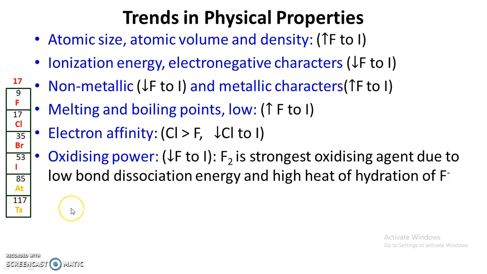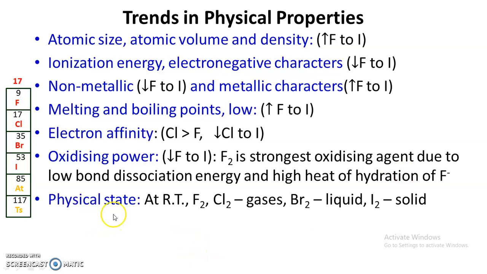This is due to the fact that it has a low bond dissociation energy, and so when the bond is dissociated and fluoride ion is formed, the resulting fluoride ion has a high heat of hydration. Because of the high heat of hydration of fluoride and the low bond dissociation energy of the fluorine molecule, fluorine is the strongest oxidizing agent.